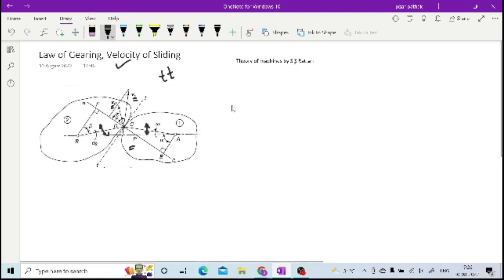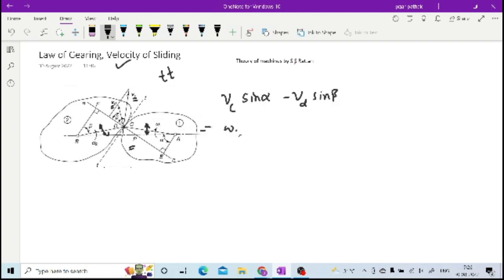In case of the velocity of sliding, you are going to consider Vc sine alpha minus Vd sine beta, right? That is your velocity of sliding. What is Vc? We have already seen, omega 1 AC. Now sine alpha will be EC upon AC, if you check in that same triangle.